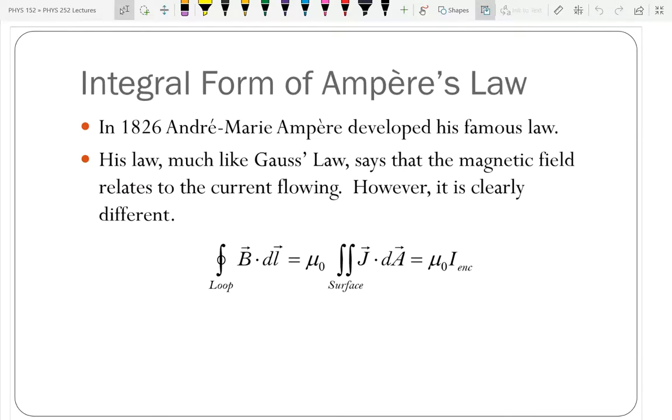It's a lot like Gauss's law, except instead of the flux through a surface being proportional to the charge enclosed, it's what he called the circulation: the magnetic field parallel to the piece of an imaginary loop, integrated along the entire imaginary loop until it rejoins itself, was equal to a constant, the permeability of free space, multiplied by the current that's enclosed.